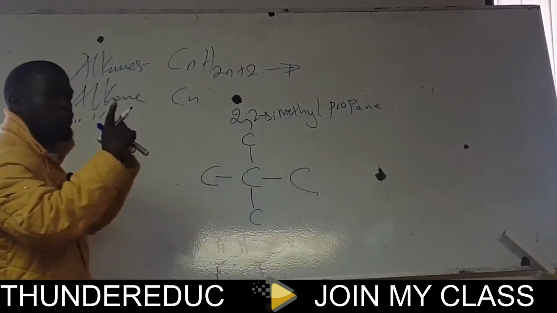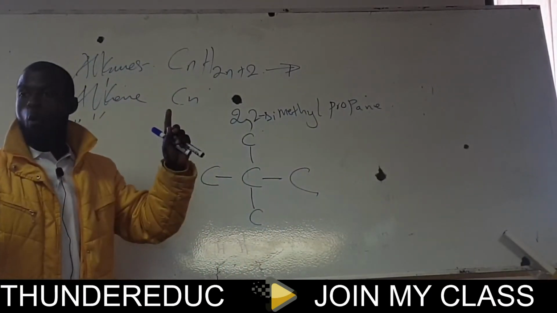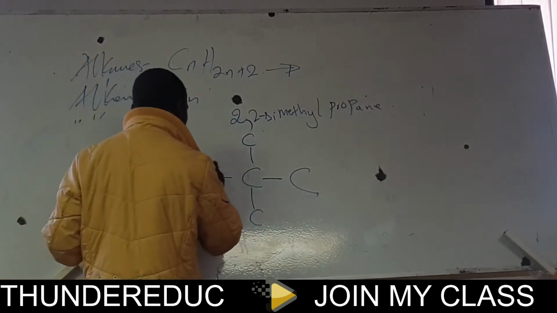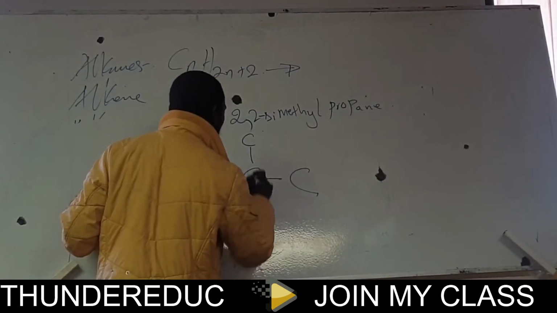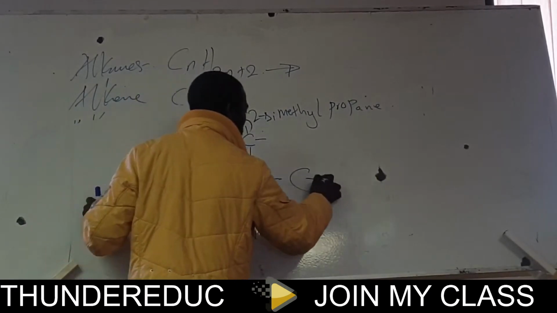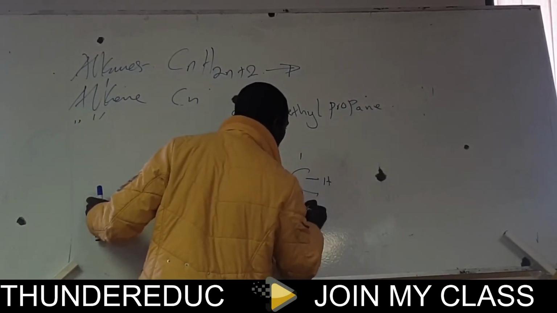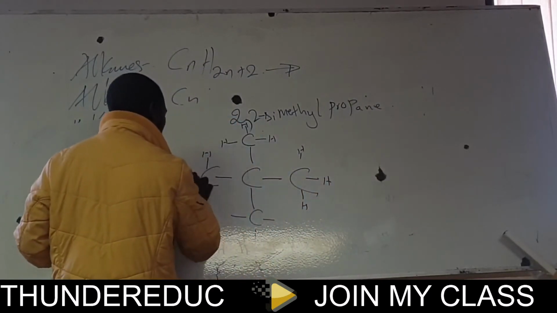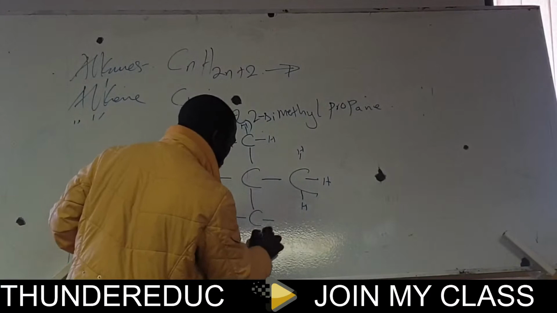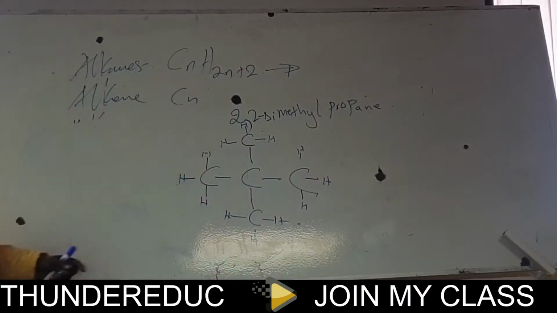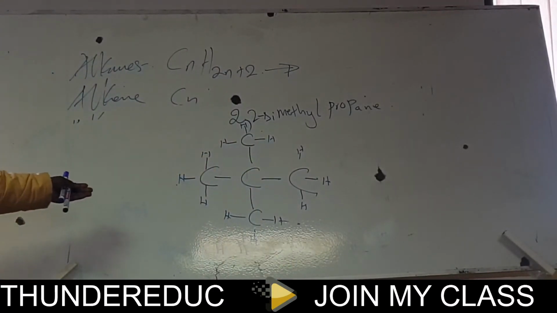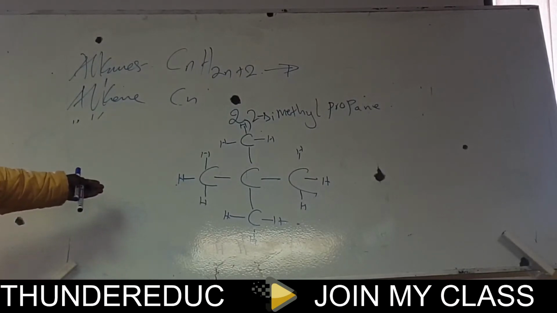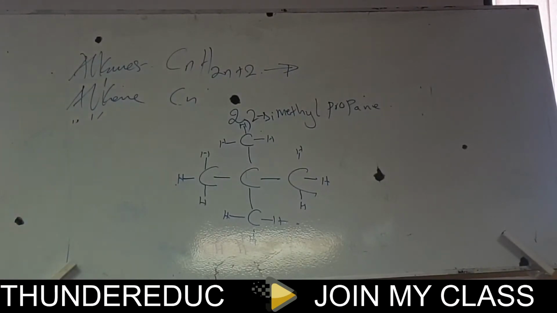Remember that each carbon atom is supposed to have 4 bonds. Therefore, I'm going to add hydrogen, hydrogen. Don't miss out, because if you miss out you lose the mark. The structure is done. We are back from where we came from. As simple as that.